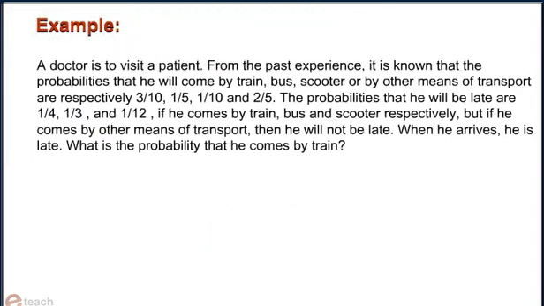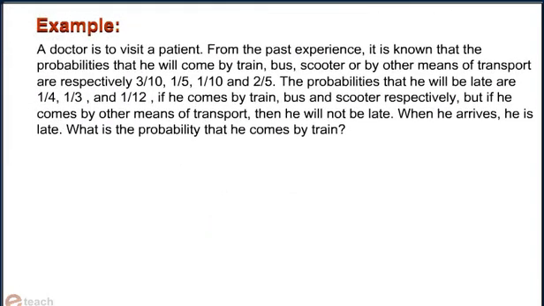Example: A doctor is to visit a patient. From the past experience, it is known that the probabilities that he will come by train, bus, scooter, or by other means of transport are respectively 3/10, 1/5, 1/10, and 2/5.